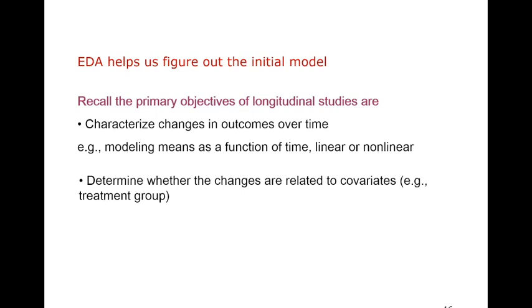So the changes include the mean response change, the population average change, and also individual trajectory changes, and variability, how variability changes over time, and how these characteristics are related to age, gender, race. So the EDA helps us figure out the initial model.